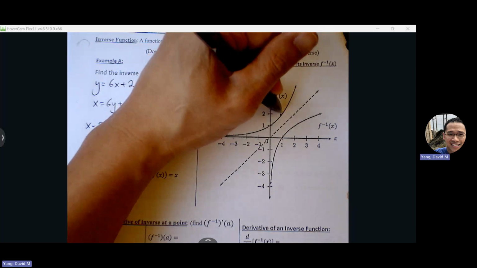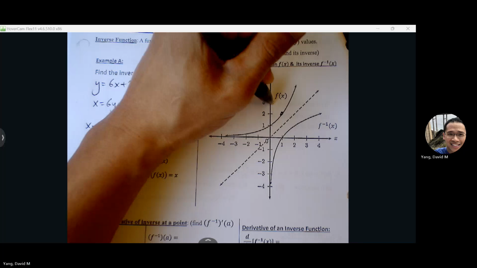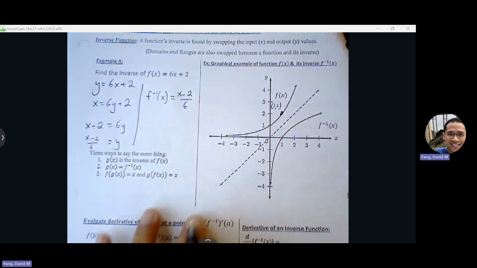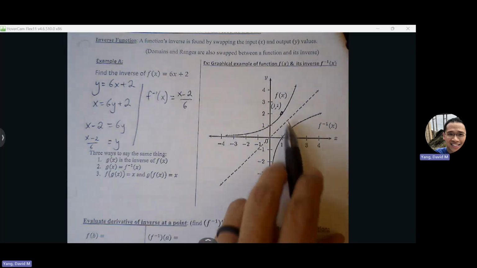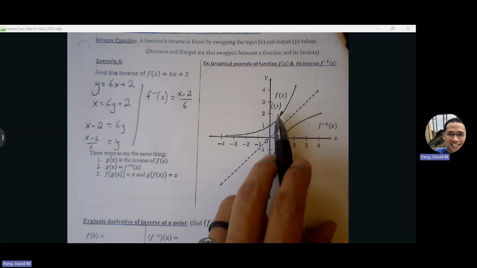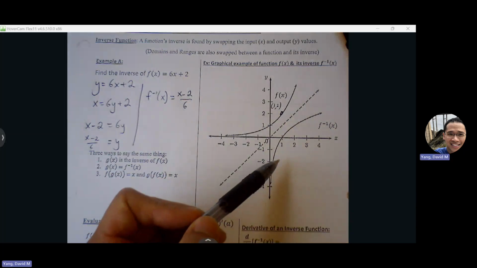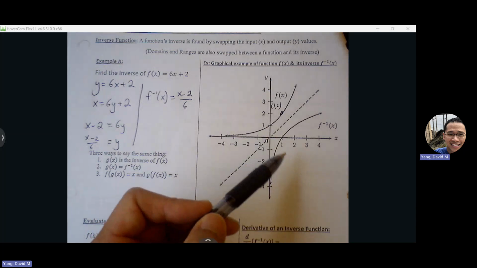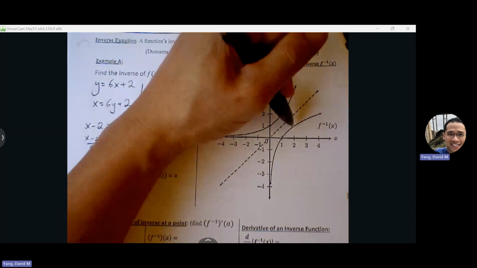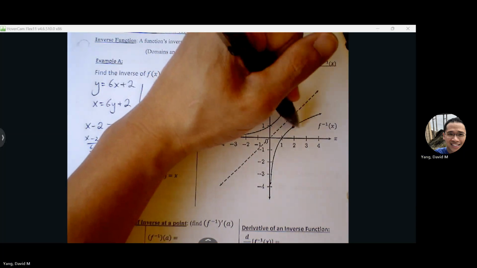It's not perfect, but I'll just say this is (1, 2). Okay. On the inverse function, there must be an ordered pair that's what? (2, 1). Yeah. So if it's a true inverse function, you can always flip-flop the ordered pairs, and it's always going to live on the other graph. Okay.